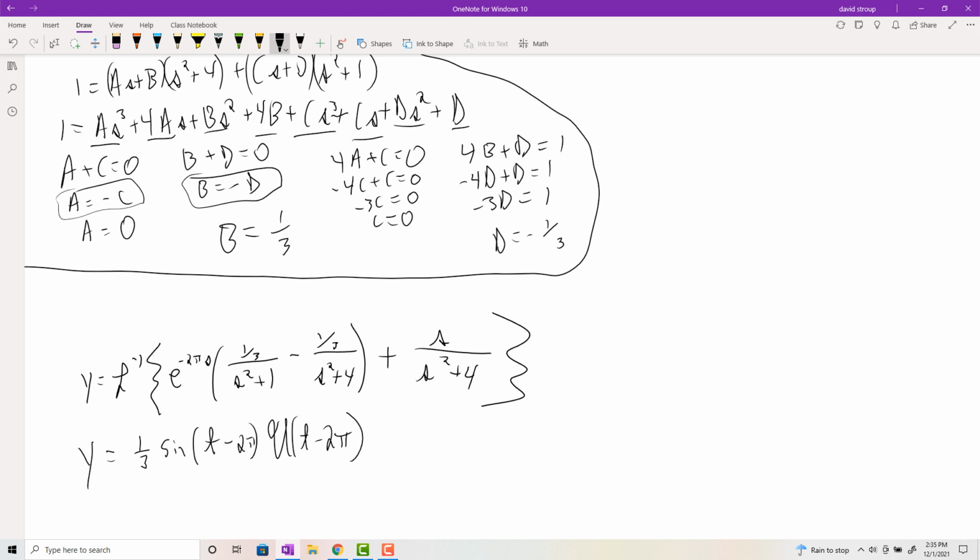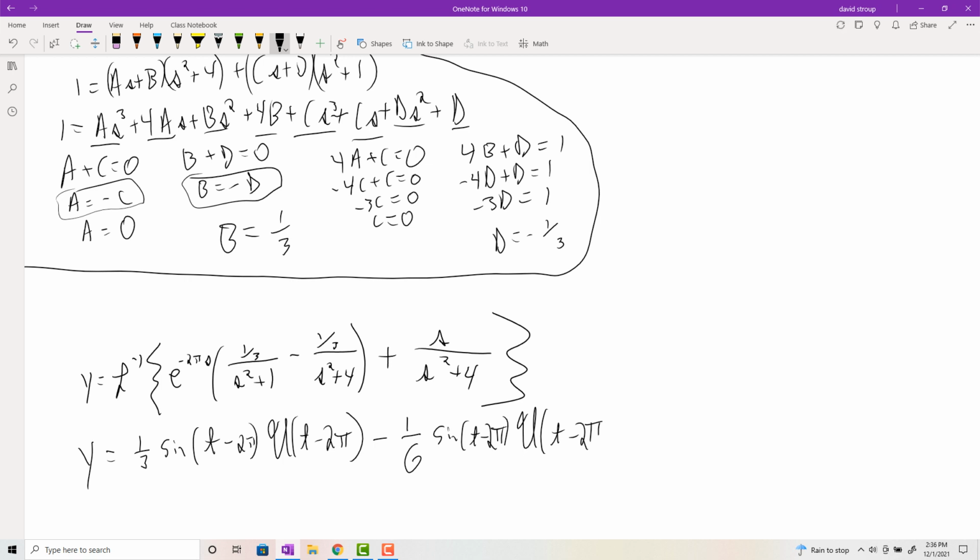And then minus 1/3, but I need an extra factor for the numerator of 2, so it'd be 1/6, I believe. Then sine of t minus pi, and then Heaviside of t minus 2 pi, those are both 2 pi again.